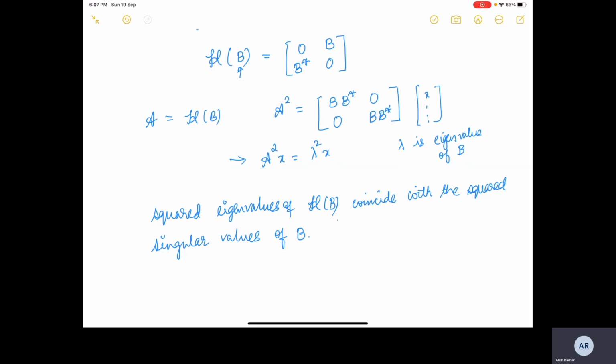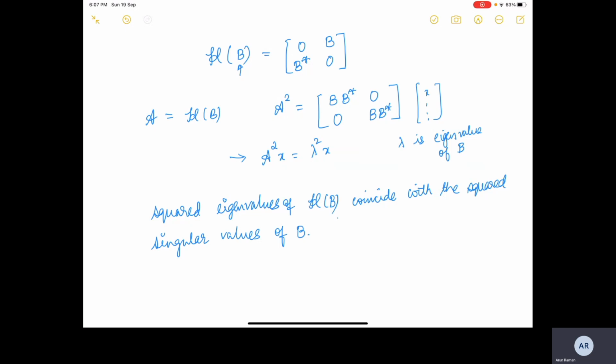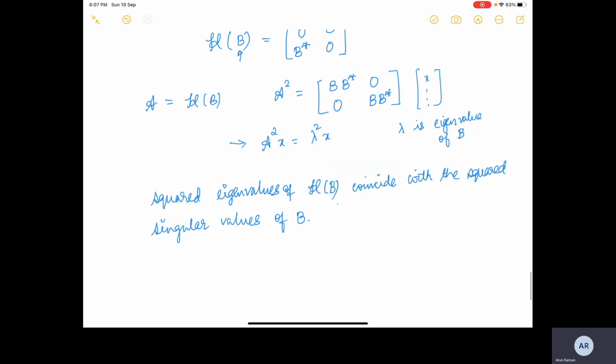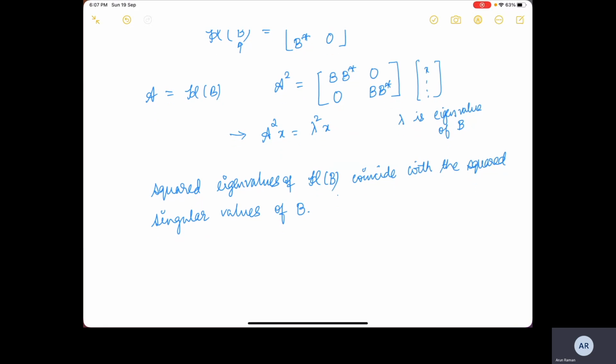You can just work it out yourself, because B and B* are not really square matrices. So this is the main observation.